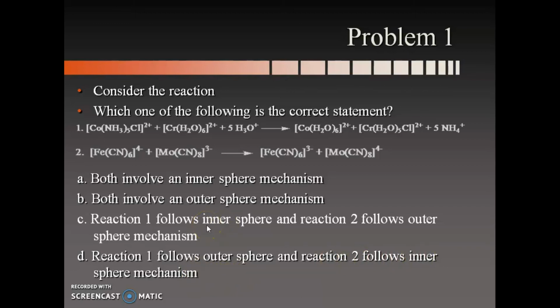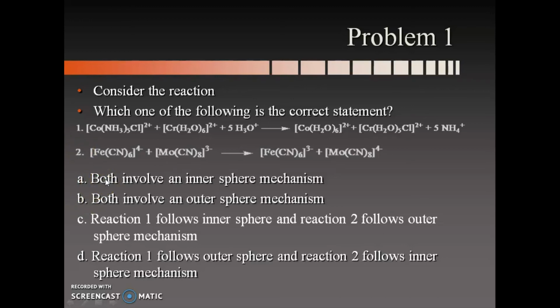And it cannot be A because the second reaction cannot take place through the inner sphere mechanism because both the complexes are inert, and substitutionally inert complexes will usually undergo the reaction by outer sphere mechanism only. So that means A cannot be the correct option. So C is the correct option.